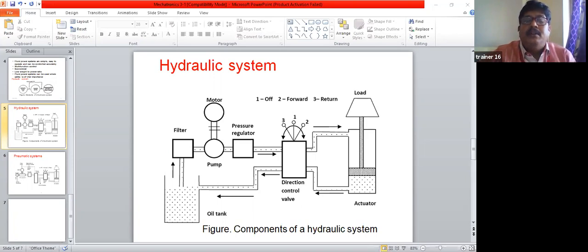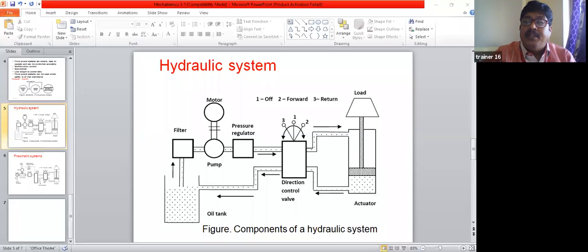The main thing is lifting also. Any linear movement or rotary movement, we can go for a hydraulic and pneumatic actuation system. And then machine tools, the transfer machine tools also we can use, right?